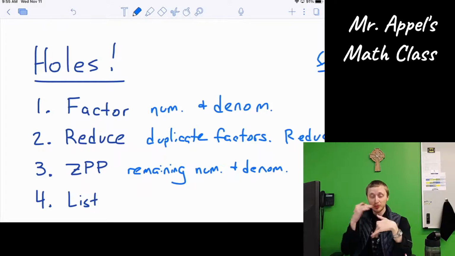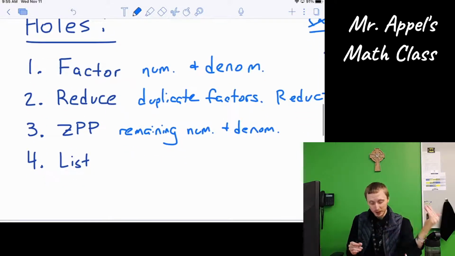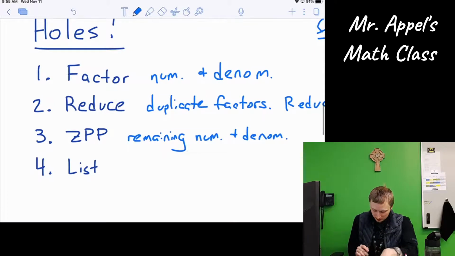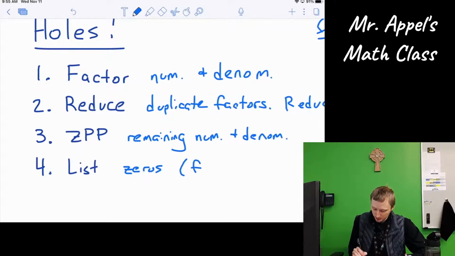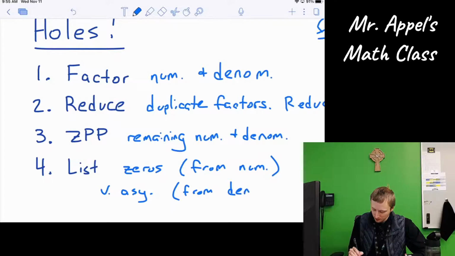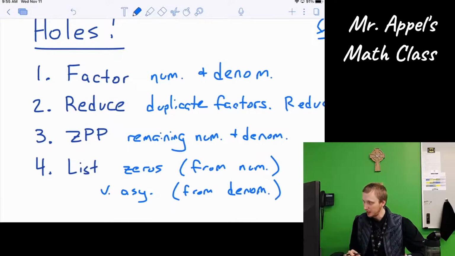And then you will create, again, from the numerator, list your zeros. That'll be all these solutions from the numerator. And list your vertical asymptotes. That'll be all these solutions from the denominator. Okay?